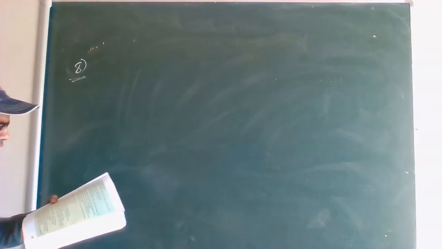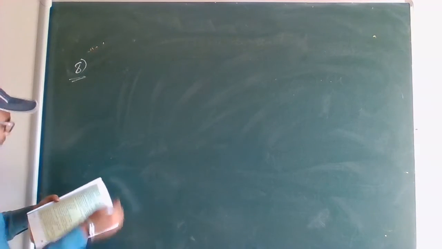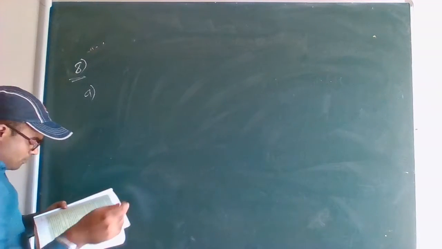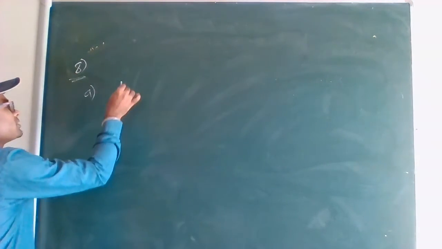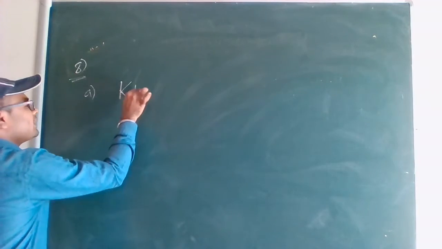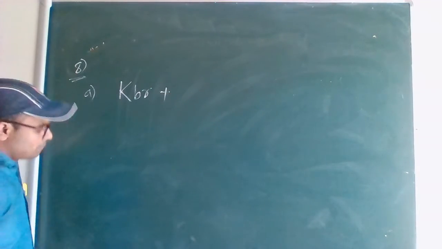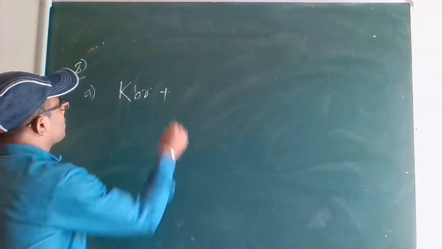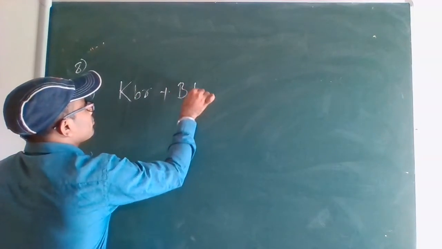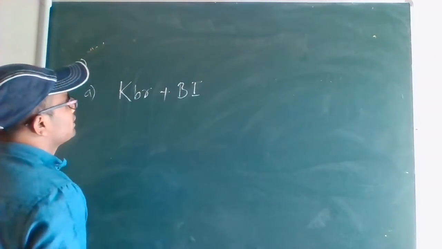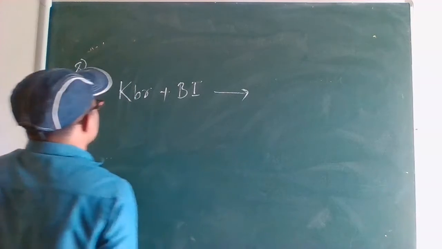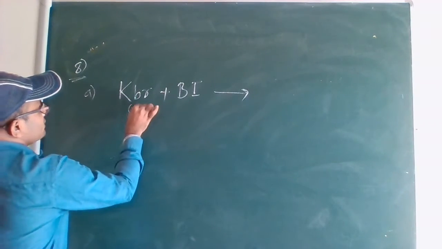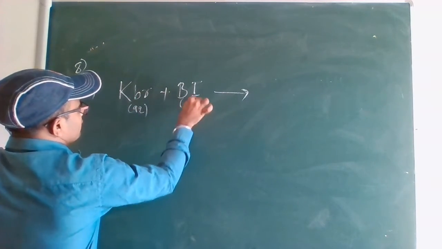What is the 8th question? Potassium bromide, barium iodide. Potassium in the sense K, bromide Br, plus barium iodide BaI2. So this will give you a double displacement reaction here. This is aqueous. This is also aqueous.